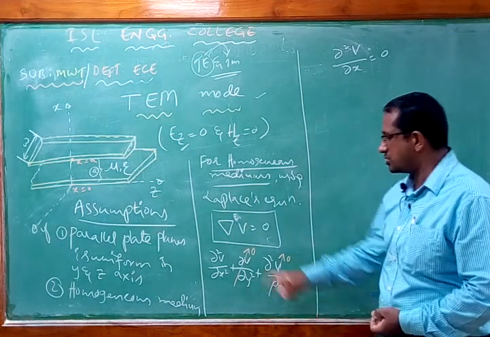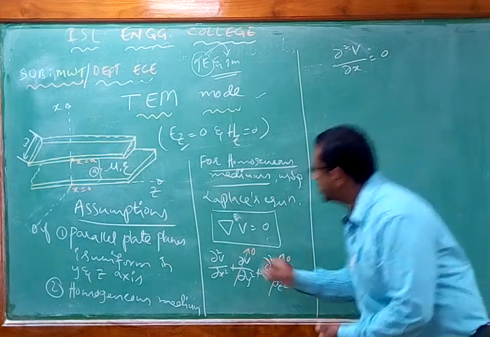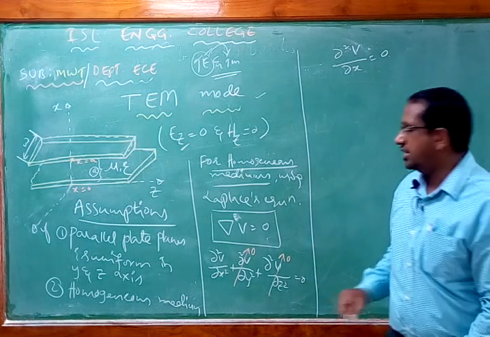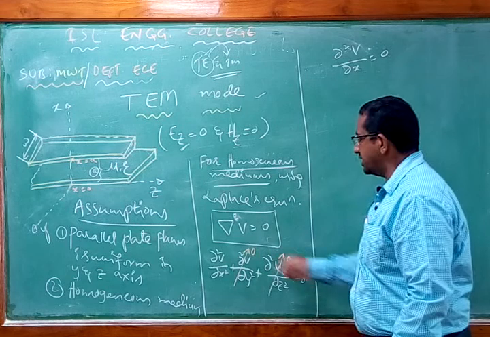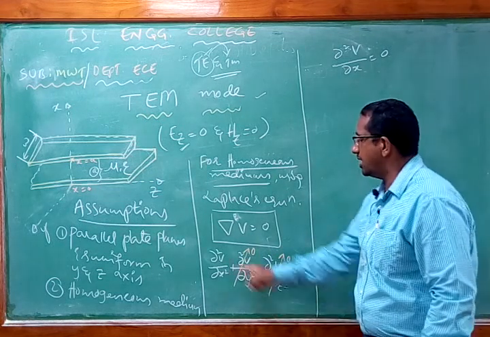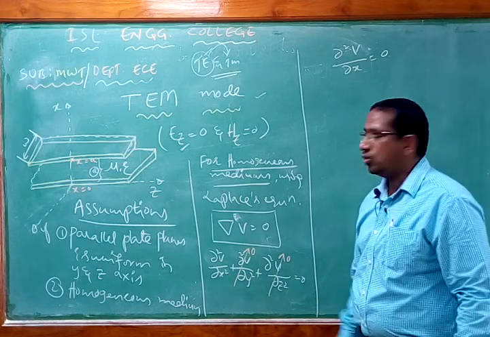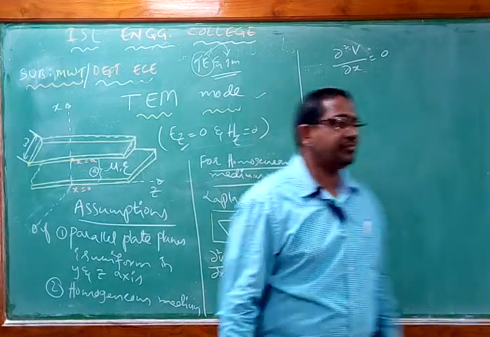Del square is dou square by dou x square plus dou square by dou y square plus dou square by dou z square. Expanding this, we get dou square V by dou x square plus dou square V by dou y square plus dou square V by dou z square is equal to 0.